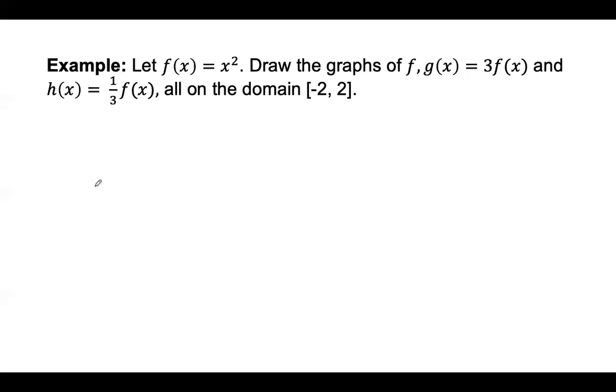So again, we draw our f of x, and draw the graphs f, g, and h. You see the factor here is 3 and 1 over 3. So what happens on the domain -2 to 2? Goes to 4.